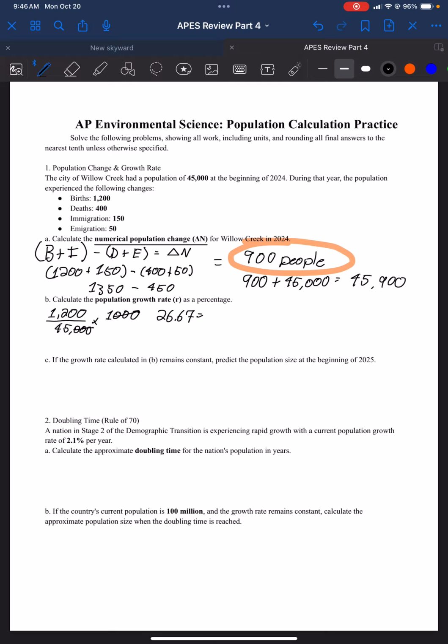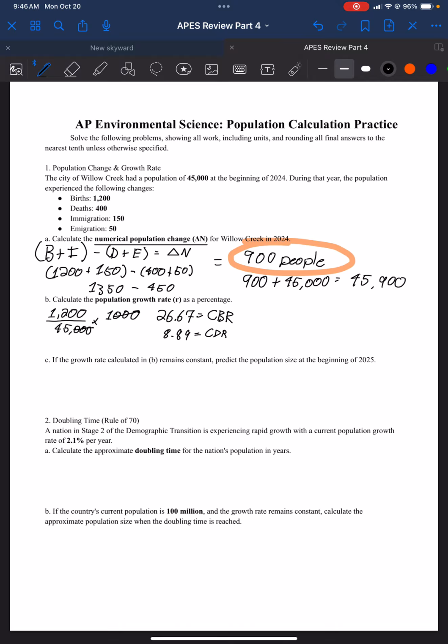26.67 CBR. Now, instead of walking you through the rest, you do the same thing for deaths, immigrations, and emigrations. You take each of those values, divide by your starting population and times 1,000, or take that number you get and divide by 45. But my crude death rate ends up equaling 8.89, that is my CDR.